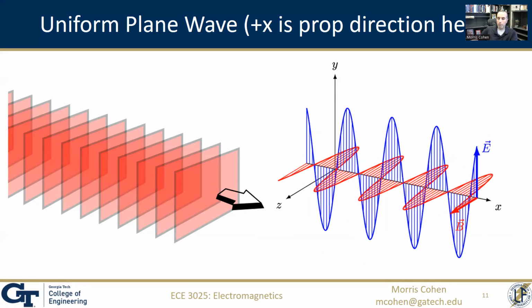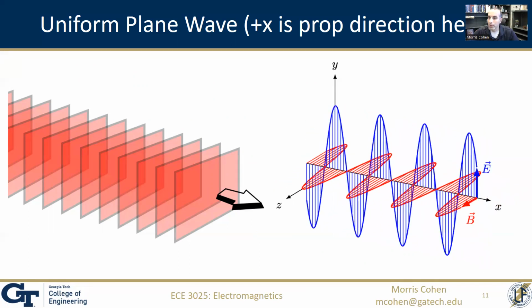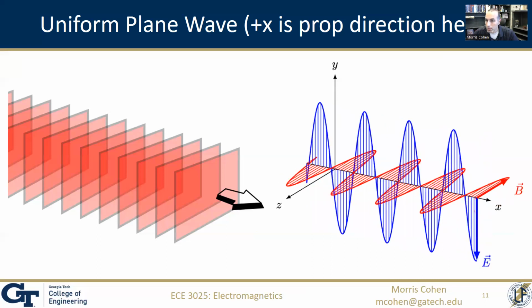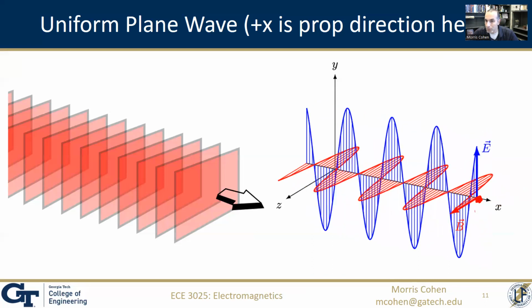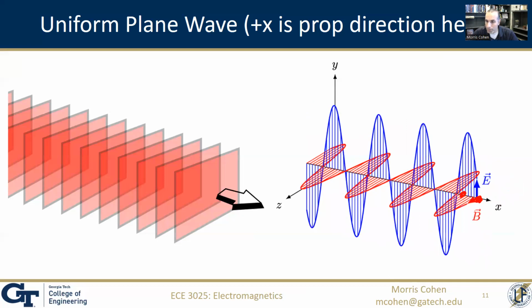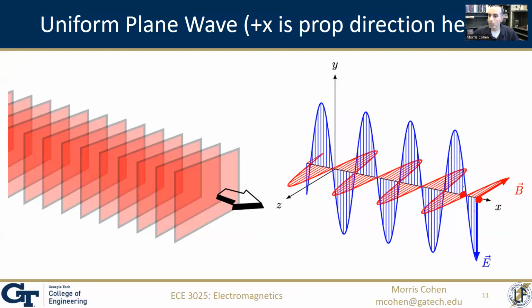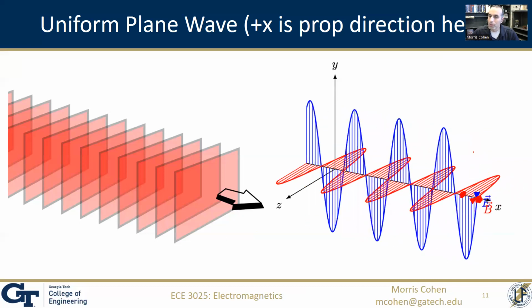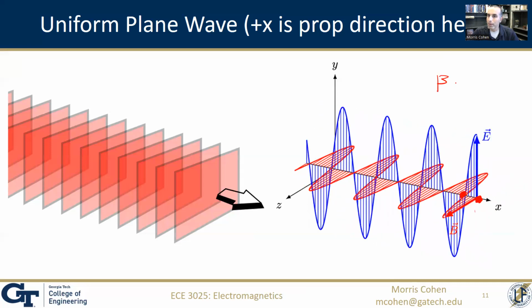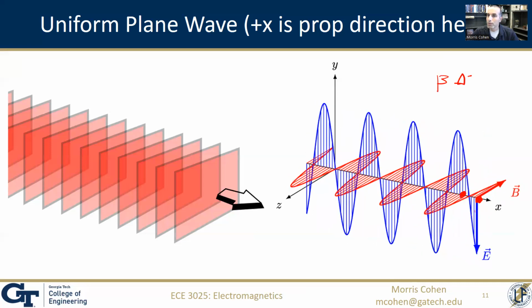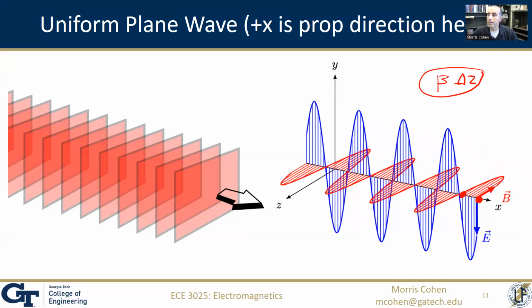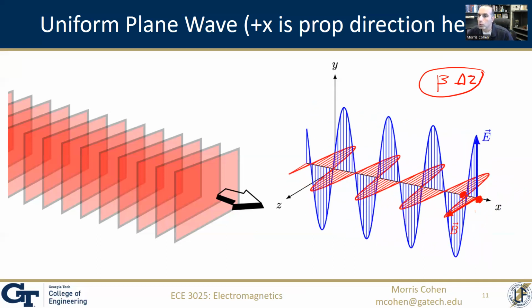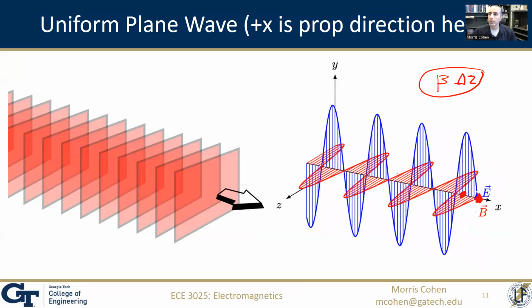You can also see that if you measure the same sine wave at two different locations, once right here and once right there, you'll see the same sinusoidal variation, but there will be a phase shift, and that phase shift is going to be beta times the location difference between the 2 points. That's going to be the phase shift between point A and point B.